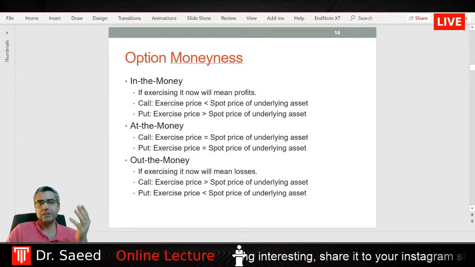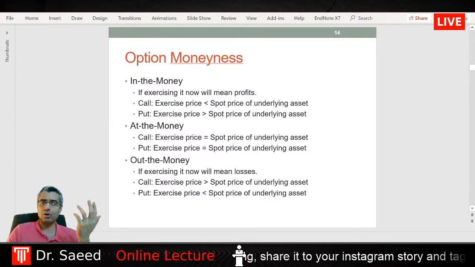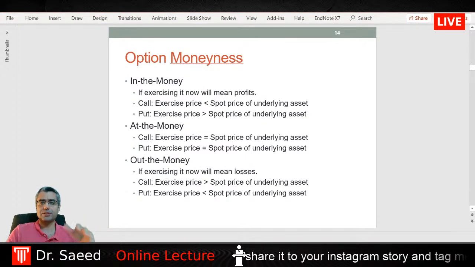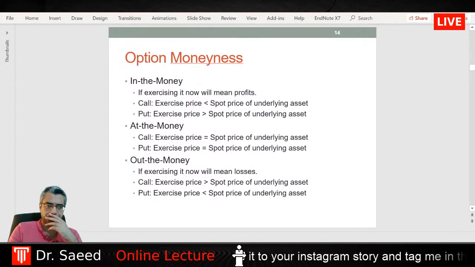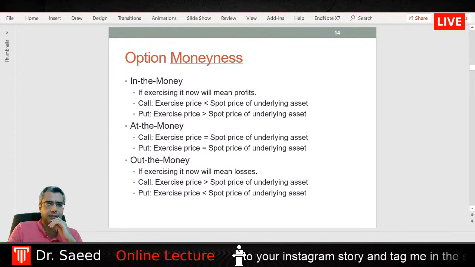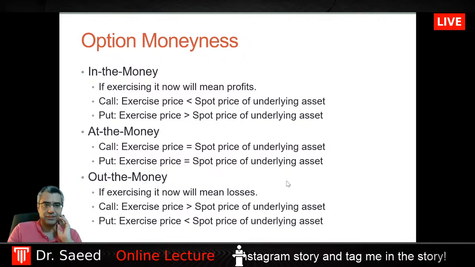So it depends whether it's a call or a put. For a call, of course, you expect the price to increase above the exercise price. So you have in the money for a call when the spot price is greater than the exercise price. And for a put, it's the opposite. Okay, it's not really complicated, it's very simple.